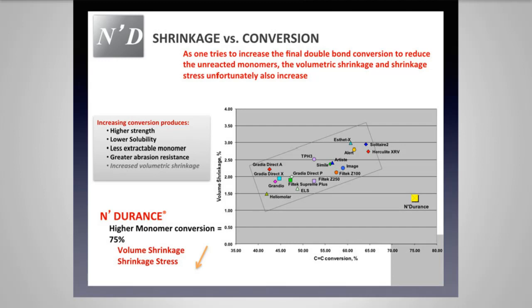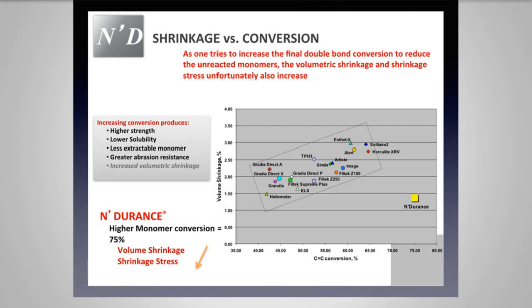And that's one of the problems that we have seen in many of these materials that you and I have been working with, is that we want a higher level of conversion in order to make things stay better in the tooth structure. But as it does that, it creates these stresses, and it really creates a problem with what you and I have been seeing in our restorations, causing the gap formation.